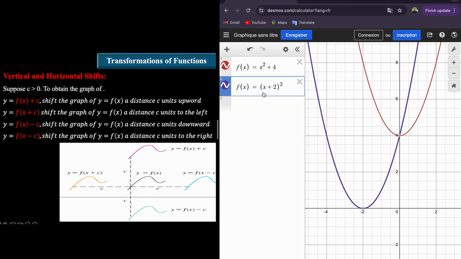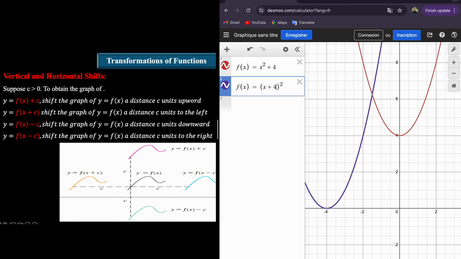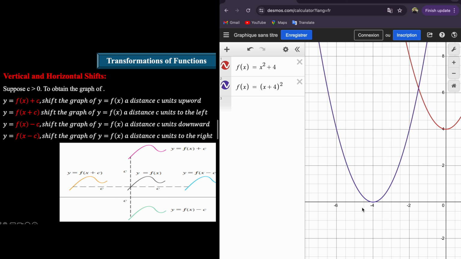So which operation, we can read it from here also. f of x plus c, you see, c is in the operation, meaning any operation done on x is done also on c. Any operation done on x here is done also on 2. Both of them have a square. Okay, if we make it 4, it will come 4 units to the left.